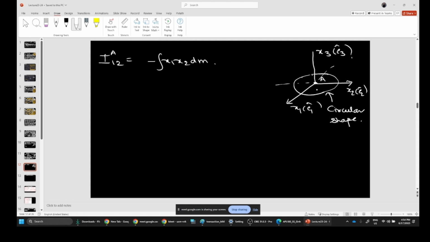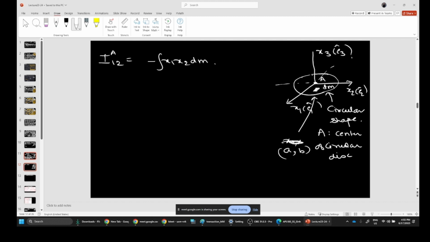Now if you pay attention to this body, since A is the center of the circular disc, suppose you consider a small chunk of mass dm here, which has coordinates x1 comma x2, or let me just call it a comma b. Okay, at a comma b there is a small chunk of mass dm.